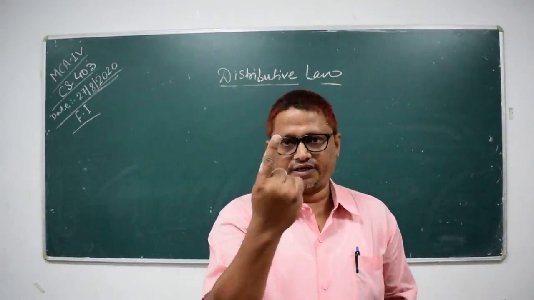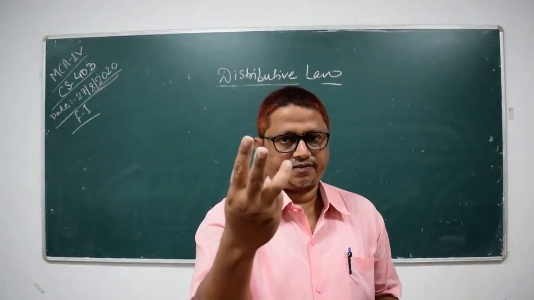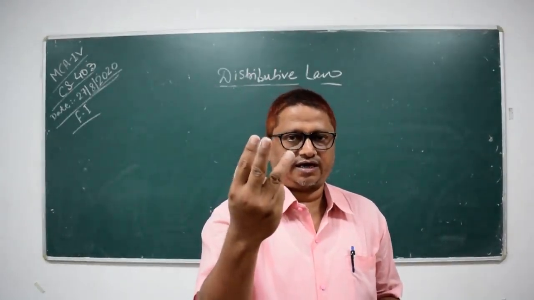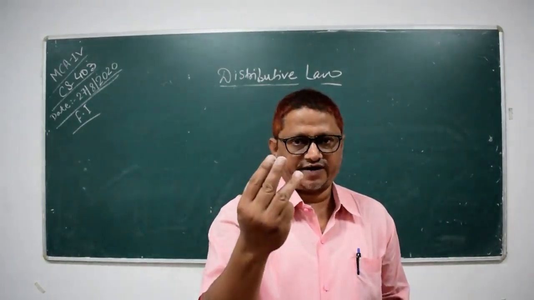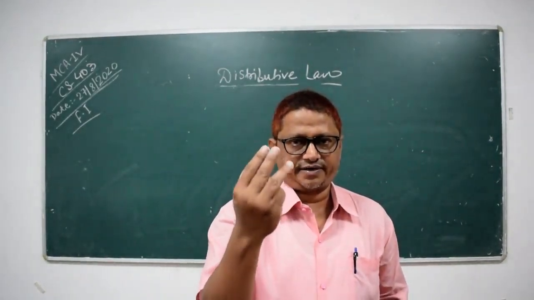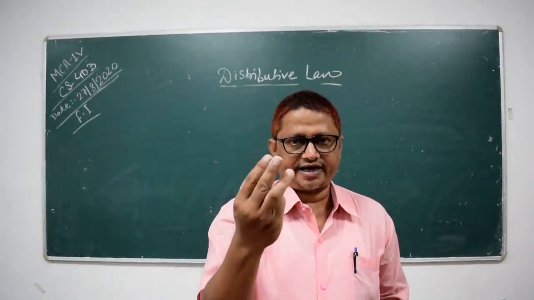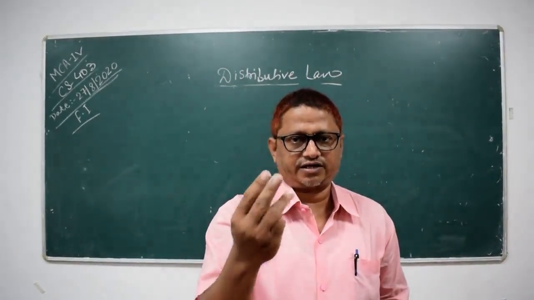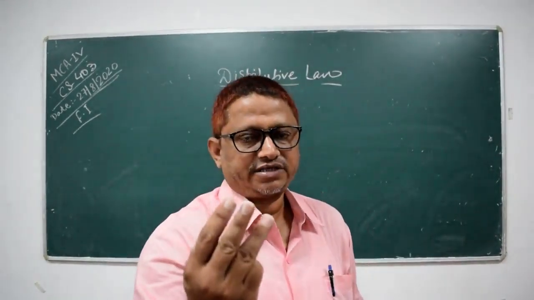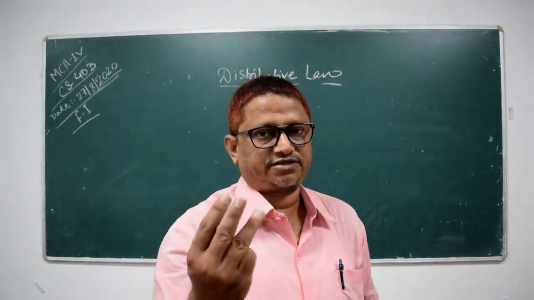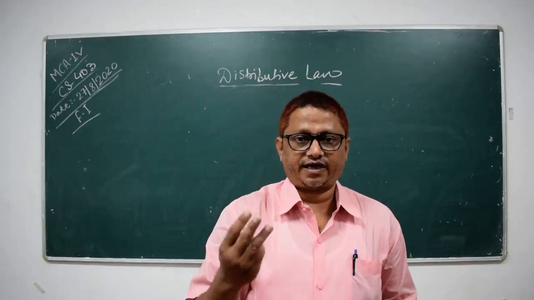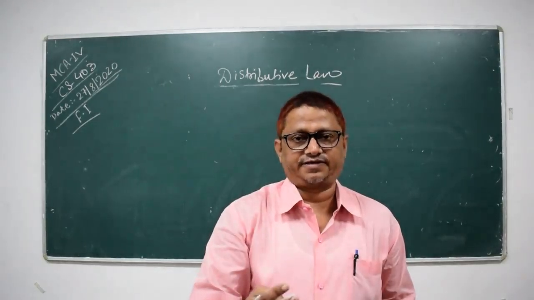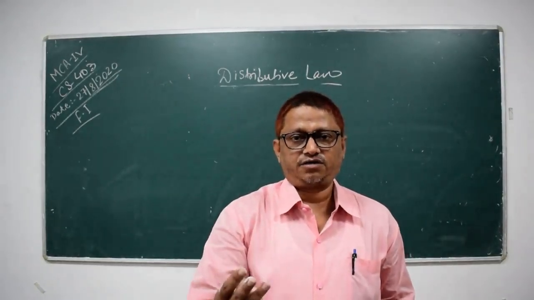P, Q, R. How many possibilities do these three variables have in terms of predicate, how many times are they true and how many times false? In logical mathematics, the values are based on true and false.